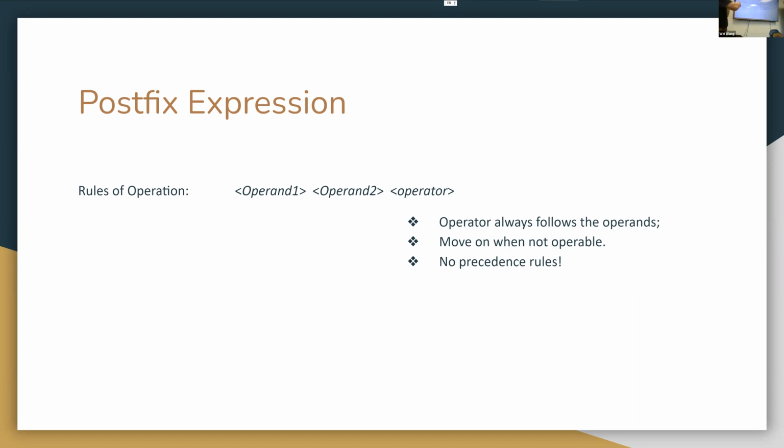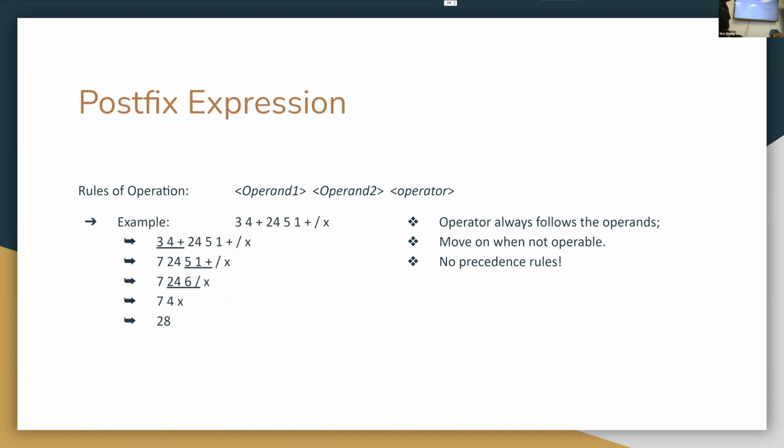But the meaning is exactly the same. So you have operators always follow the operands, and that's the only way you can operate. You can resolve that part of the expression, and there's no other rules. No precedence rules. And so here's an example.